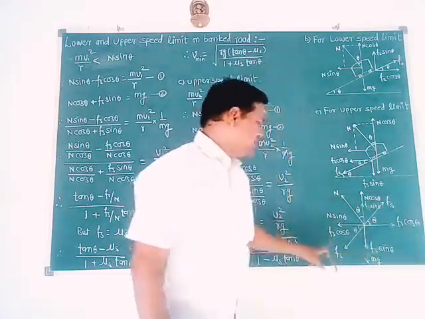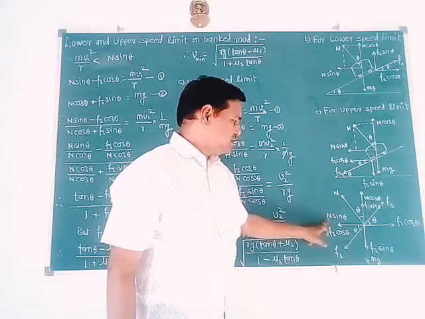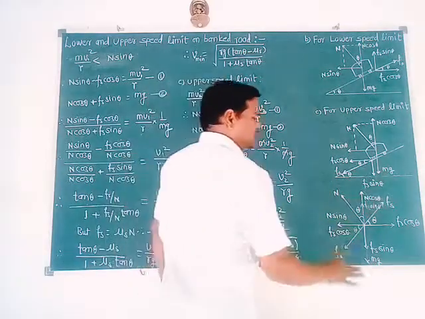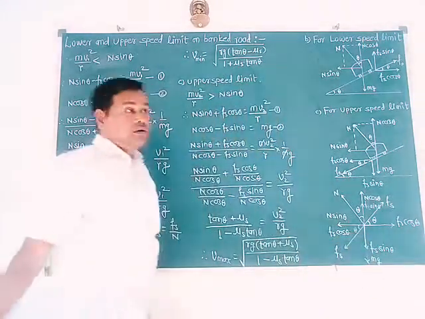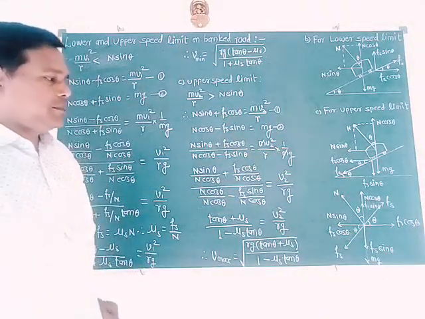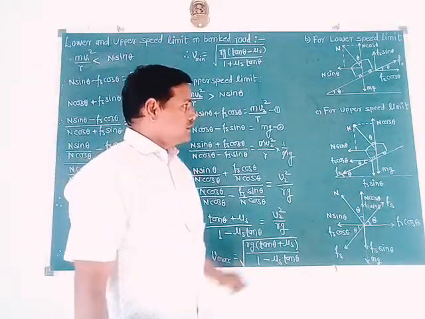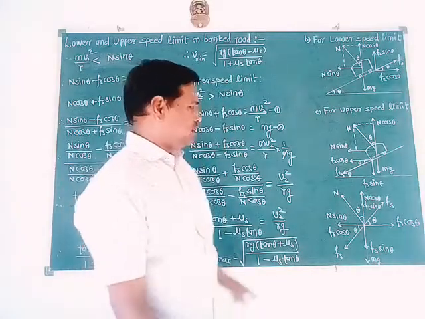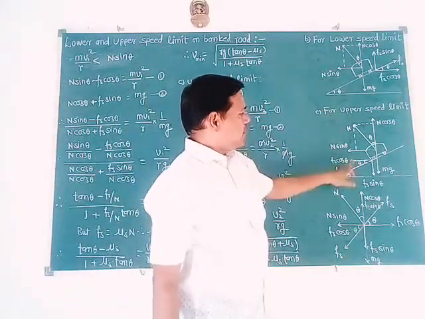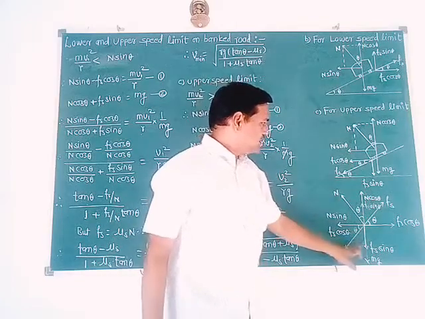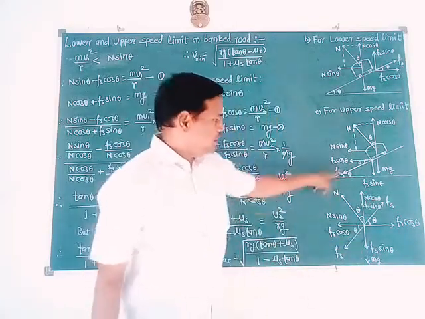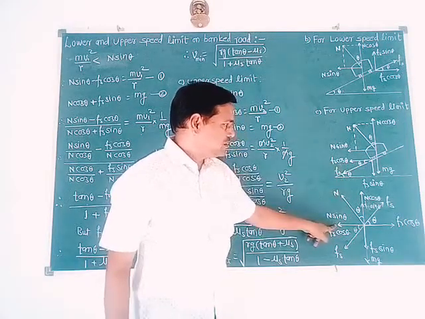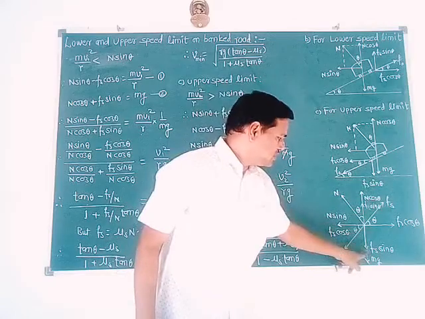So fs cos theta and n sin theta in this case are exactly opposite. And same condition for the lower limit, the parts can be slightly different. ही लोअर लिमिट साठी, ही अप्पर लिमिट साठी. Fs cos थीटा या डायरेक्शनला आणि mg च्या डायरेक्शनलाच आहे.